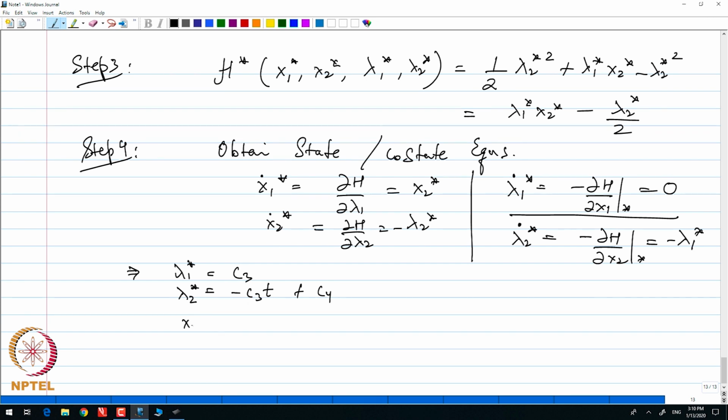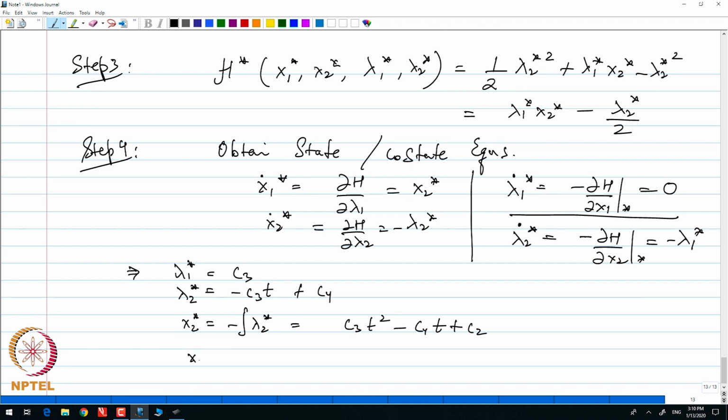So then my x2 star will be the integral of minus lambda 2 star, which comes out to be C3 t square minus C4 t plus C2.